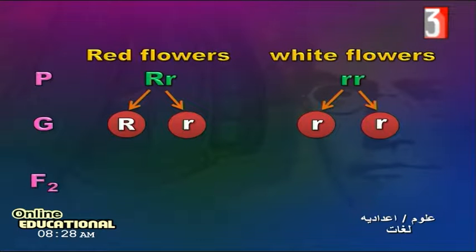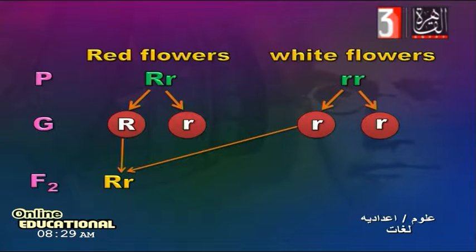When a mating occurs between R capital and R small as shown, R capital meets R small, or pollen grain fertilizes the ovum of R capital, it will produce red flower or purple flower.